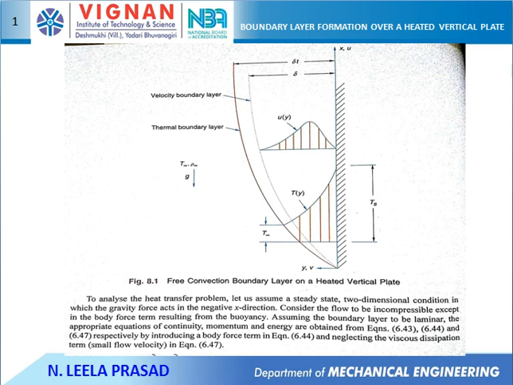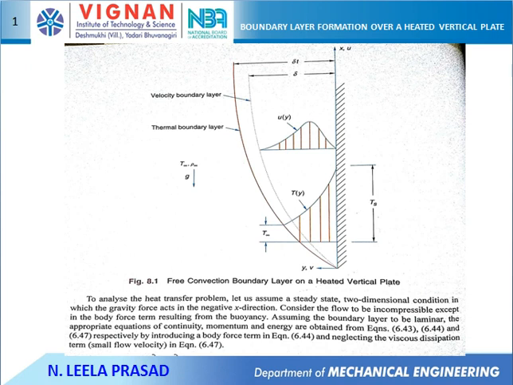Second one, the boundary layer, which is represented in the form of a dotted line. In that there exists the velocity gradient, and the velocity varies from 0 at the surface to 0 near the velocity boundary layer.